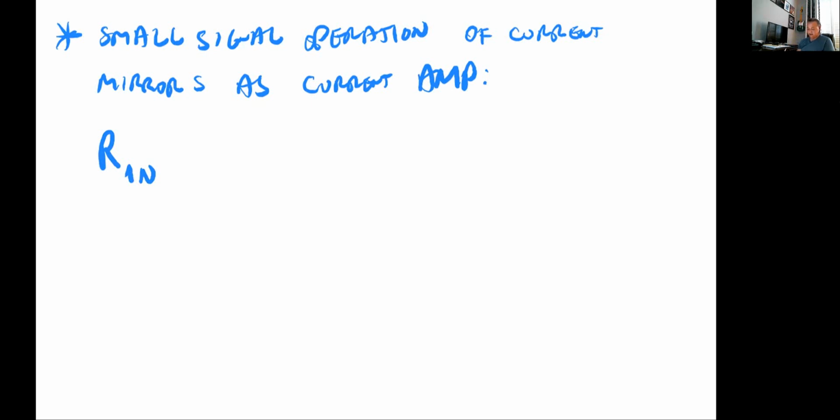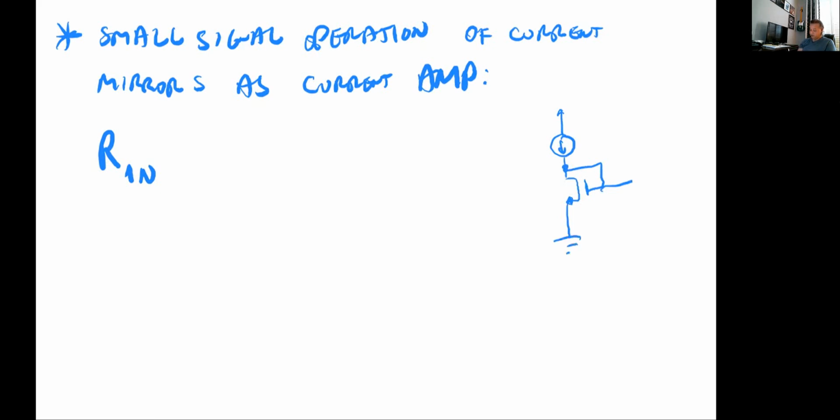So if I can draw quickly here, that goes to the other transistor, and then this goes to ground.